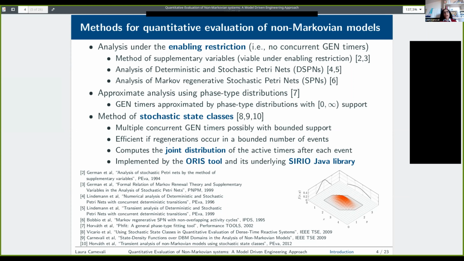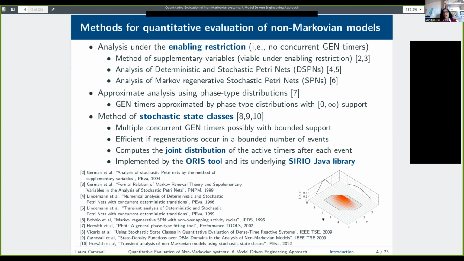The main idea behind the approach is to compute the analytical form of the joint distribution of the active timers after any event.